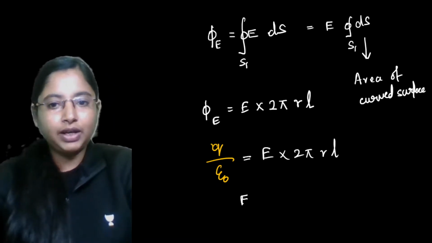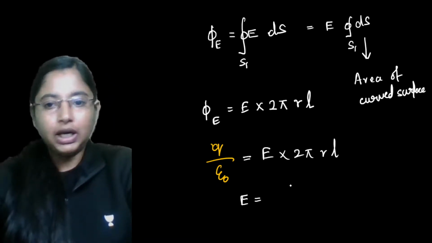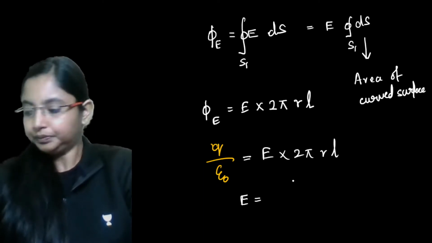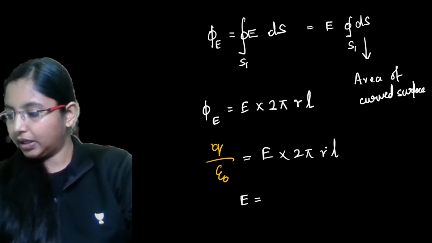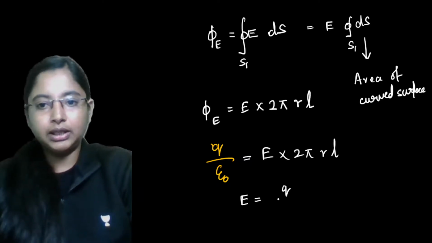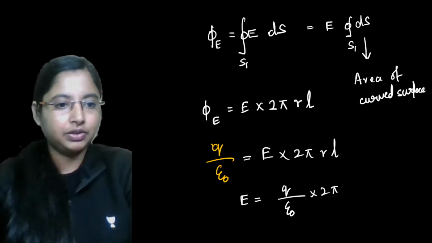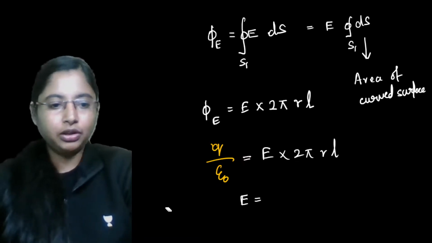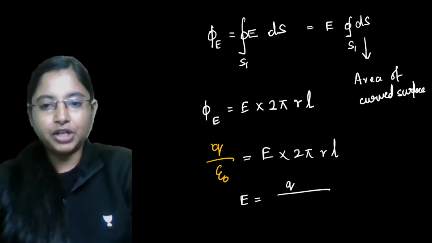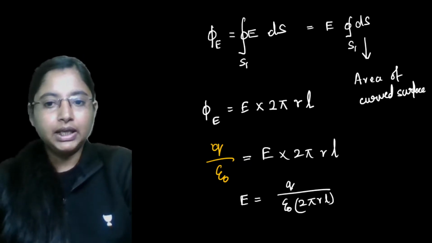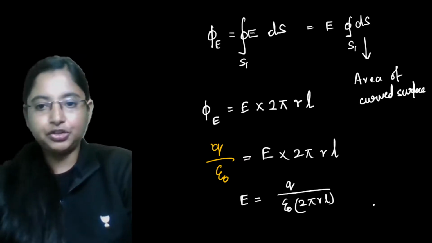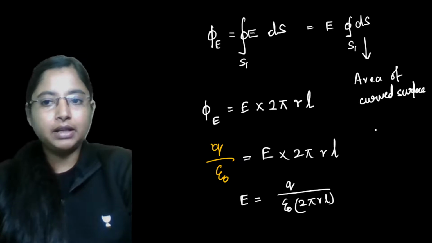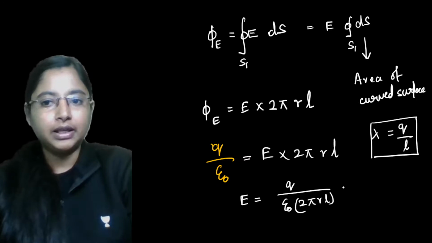So the electric field is Q divided by epsilon naught into 2 pi R into L. But charge per length is nothing but the linear charge density, charge per unit length, which is lambda.